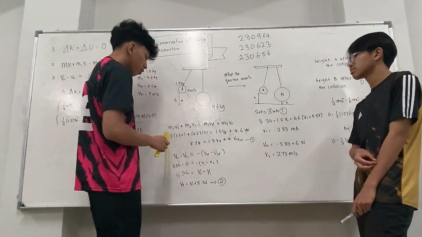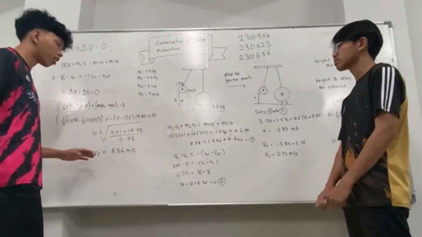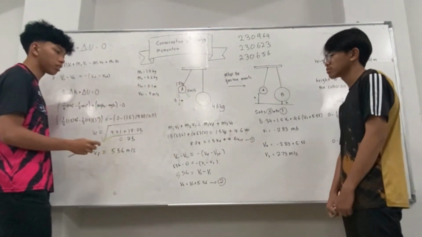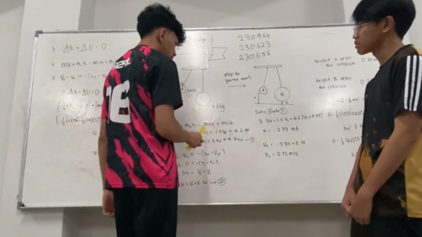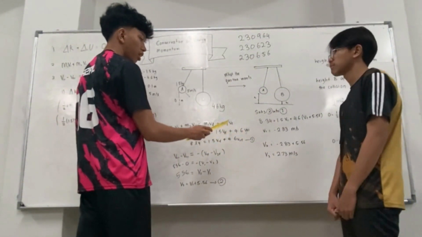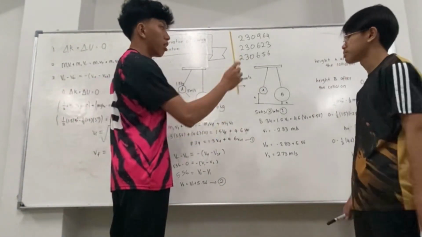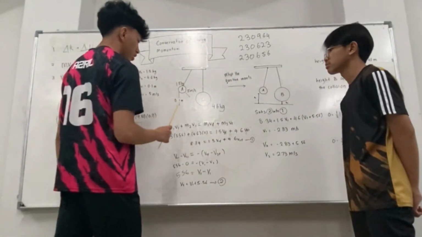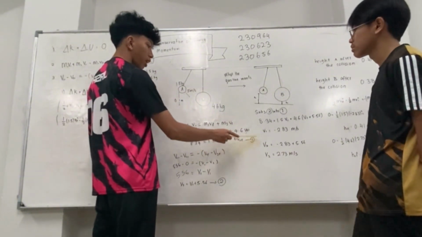Now we plug in everything: the mass is 1.5 and the initial velocity is 5.56 plus 0 because ball B is at rest, and the final velocity is the one that we want. Because once we get the final velocity, we can use conservation of energy again to get the height after the collision. After we plug in everything, this is the first equation that we got.